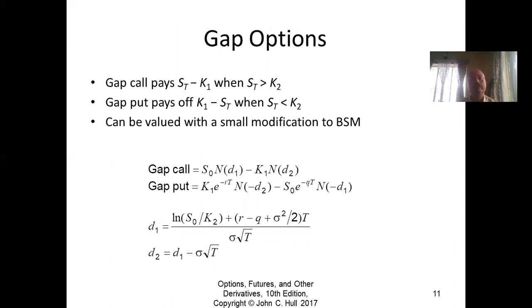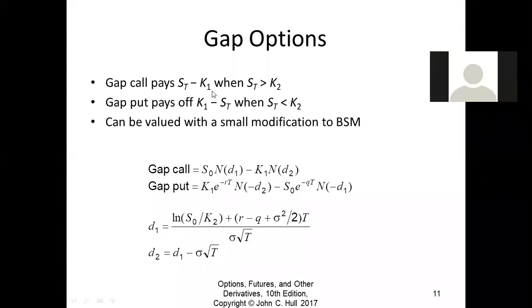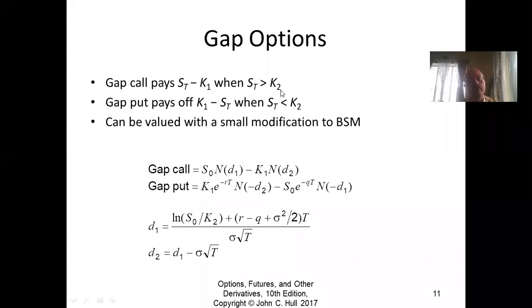Okay, another option contract is the gap option. For a gap option, if you think of the call, it will pay you the stock price minus K1 if the stock price is above K2. So K2 is the strike price, and the put is exactly the other way around.